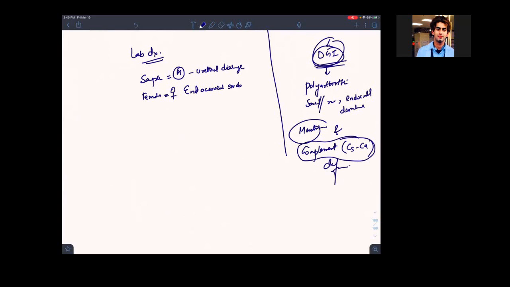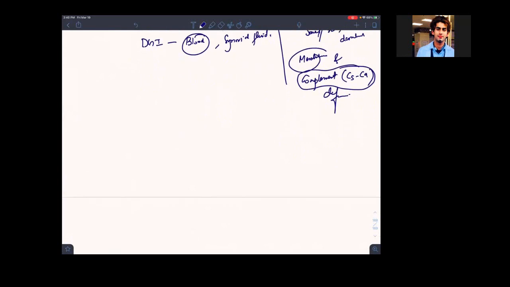Okay. Now for DGI, what will you be taking? You will take the blood. And if joints are involved, I will take the synovial fluid, isn't it? It's common sense. Synovial fluid. Okay. So this is the sample you will be taking for the diagnosis.